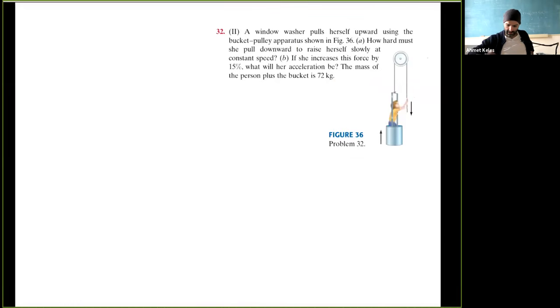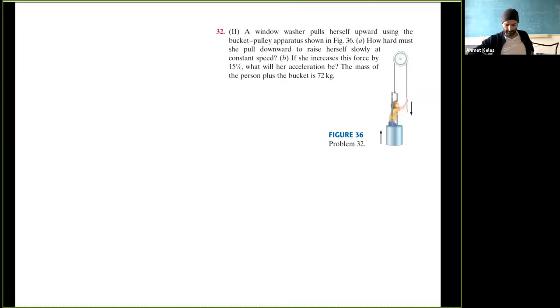So basically, she's standing in a bucket, and bucket is tied to a rope, a string. String goes through a pulley, comes down, and she's pulling herself. Okay, that's the setting. And how hard must she pull downward to raise herself slowly at constant speed?